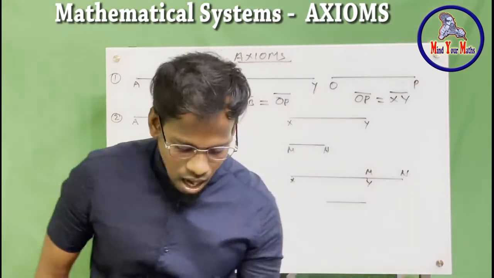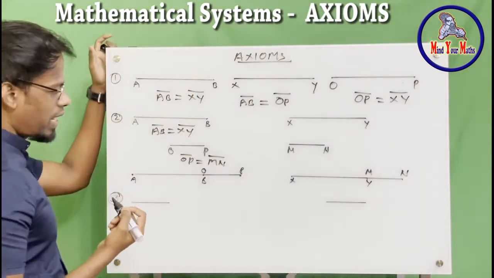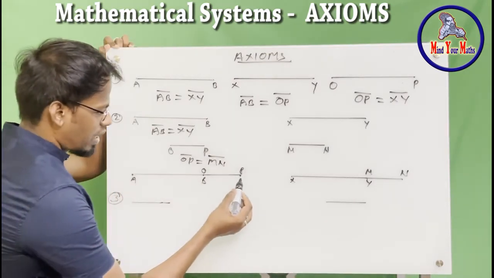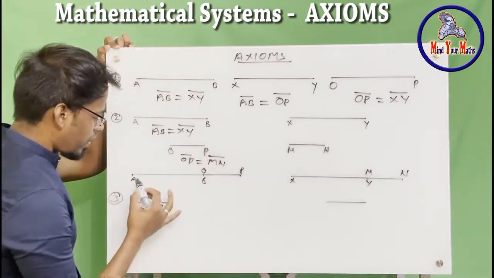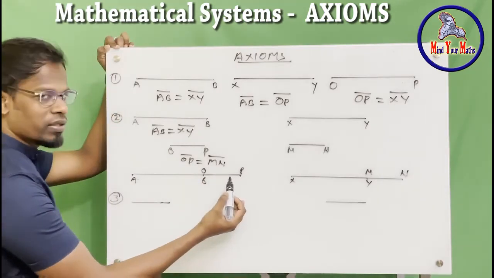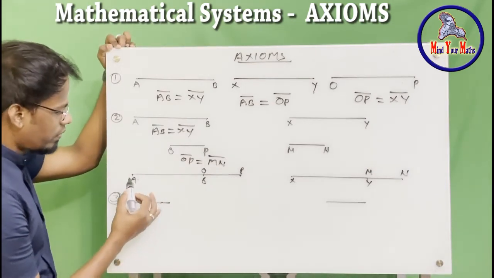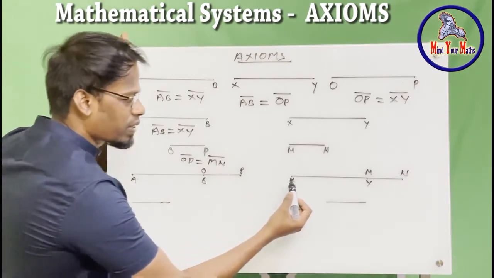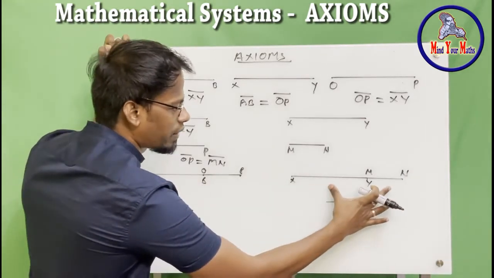So let's see how it is translated in geometry, right? Let's take this as an example here. From this length from A to P, what we are going to subtract is the length AB, and same thing we will do here also. You know that this length is equal to this length, right?